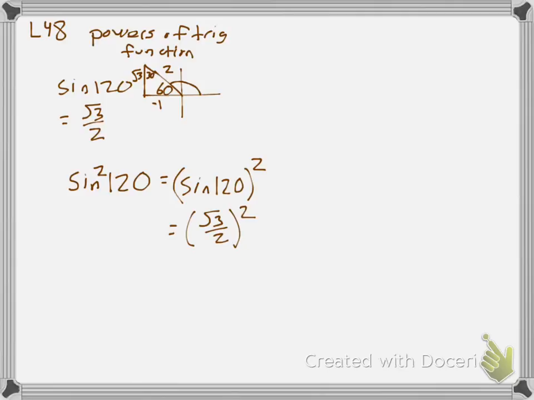And how do you take a power of a fraction? Power of a quotient. It applies to the top and bottom. So all we are doing is square root of 3 squared over 2 squared, which equals 3 over 4. Not so bad.